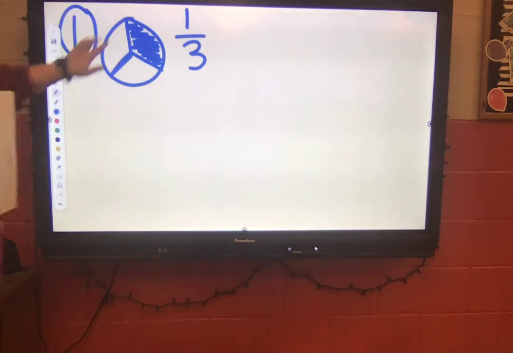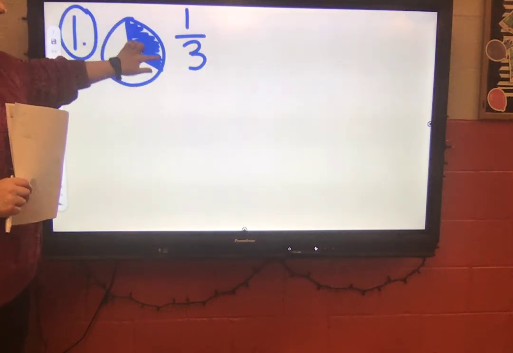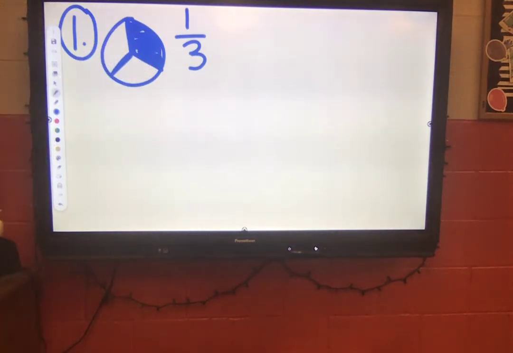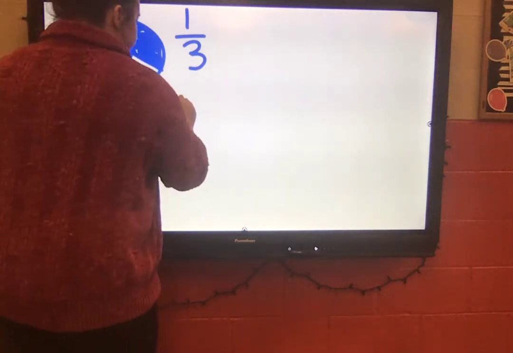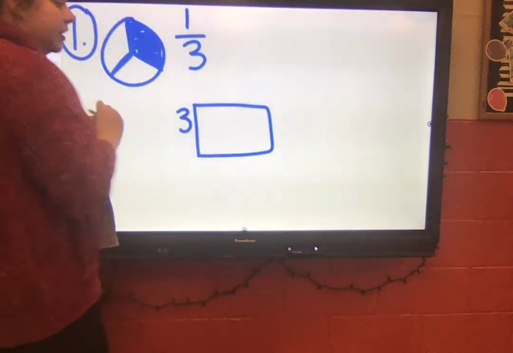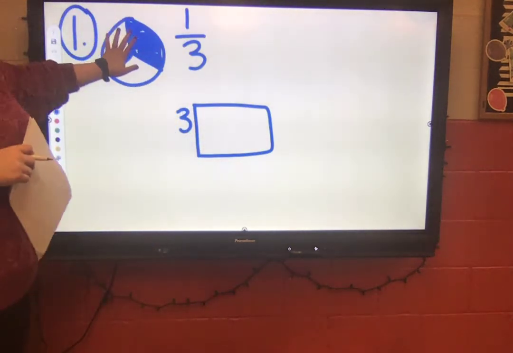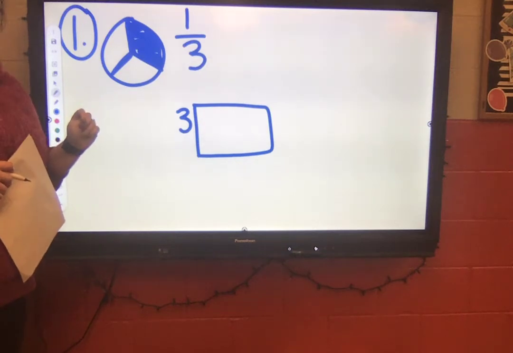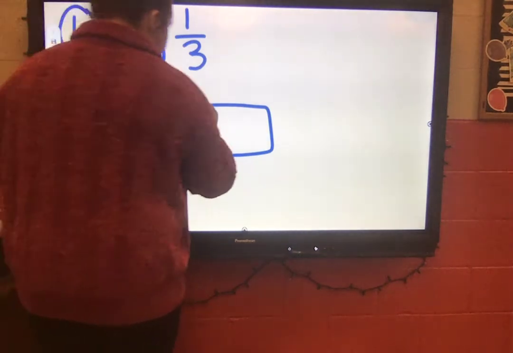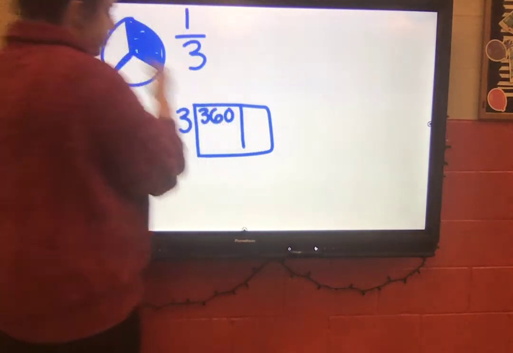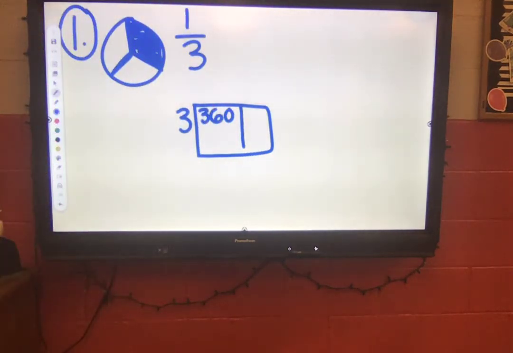Now we have to find out how much this piece is, how many degrees it has inside of it. So what I'm going to do is set up my area model. 3 on the outside. Inside goes the total number of degrees in a circle, which is, see if you remember, 360. Good. Okay, so I'm going to break my number into small pieces.